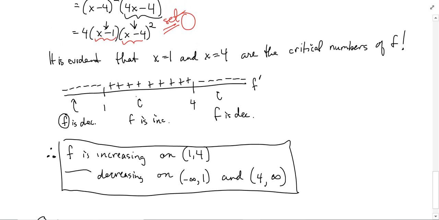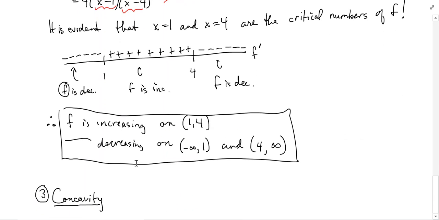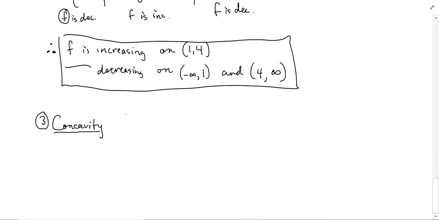Okay, so let's differentiate the first derivative. So the first derivative, recall, is 4 times x minus 1 times x minus 4 quantity squared. So therefore, for the second derivative, I'll use the product rule again.